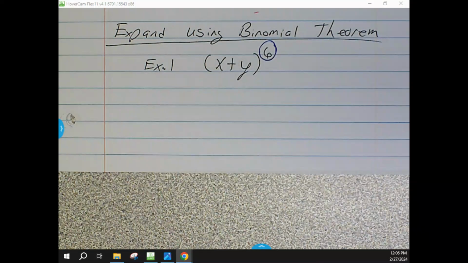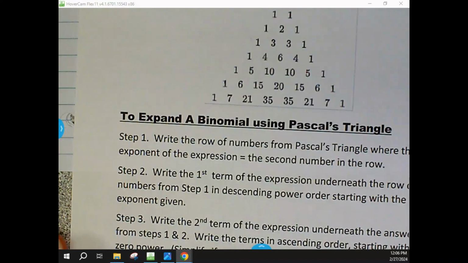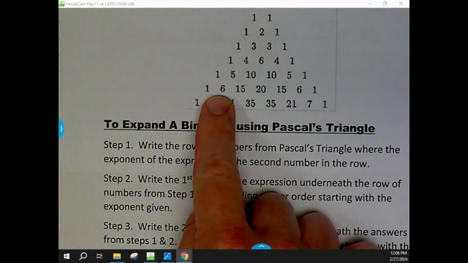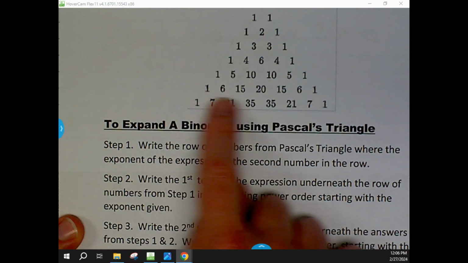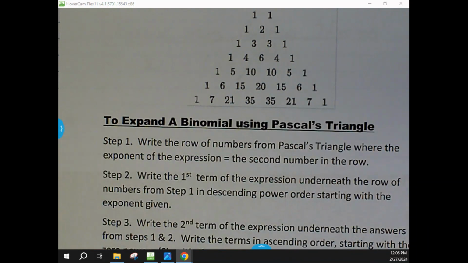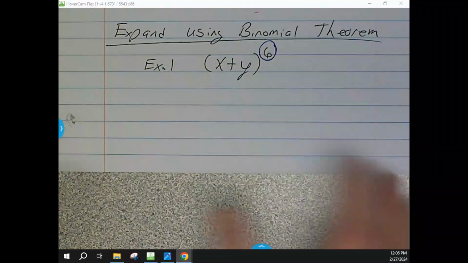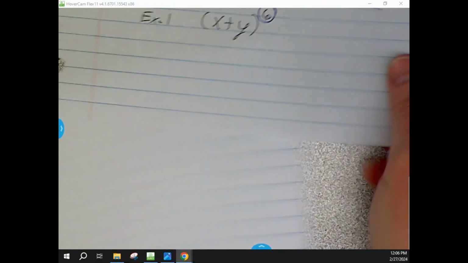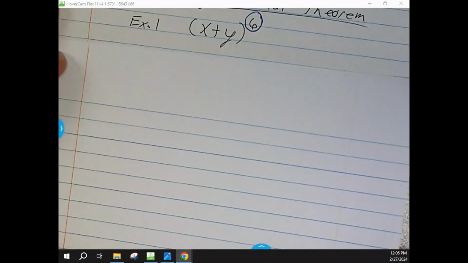So we've got to use the Pascal's triangle row that's got a 6 in it somewhere. Well, it's going to be this one, right? So the very first thing we're going to do is write down these numbers. I'm going to go over to the next piece of paper because there's not enough room here. Don't just squeeze it in tight when you do this one.